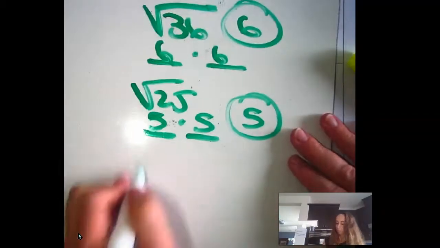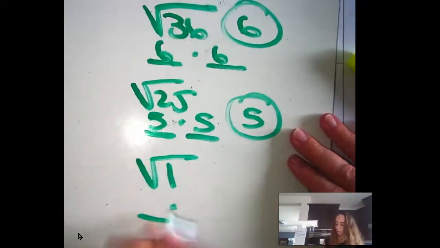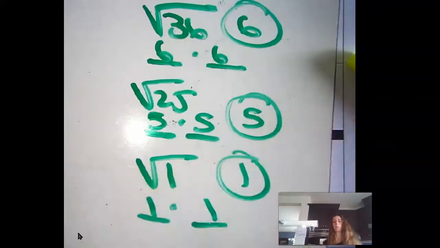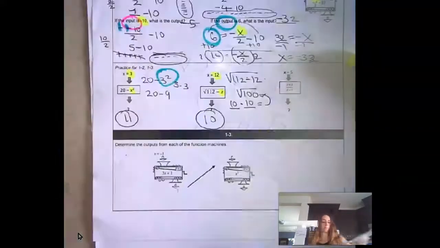What if I have the square root of 1? What times what gives me 1? 1. Okay? All right. So now that we know that, let's go back here. Let's zoom this in and do this one. Plug in the 5.